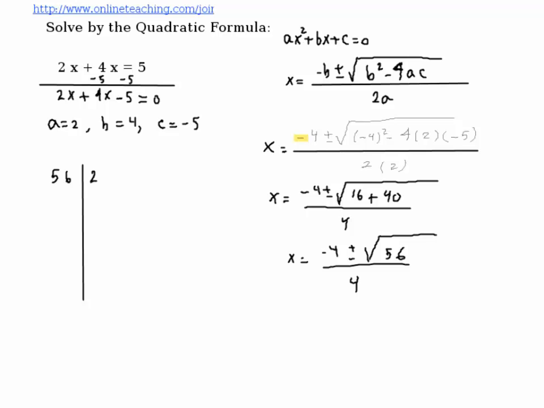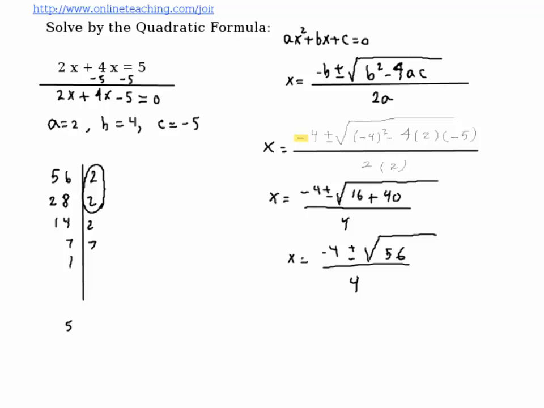You're not participating, guys. What is half of 56? 28, right? Okay. Half of 28 is 14, and half of 14 is 7. You see, part of 56 is a perfect square right there.